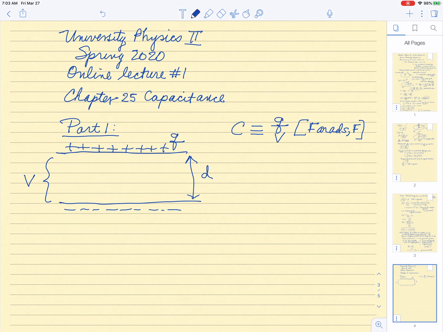You'll also recall that the electric field is homogeneous between the plates of the capacitor.